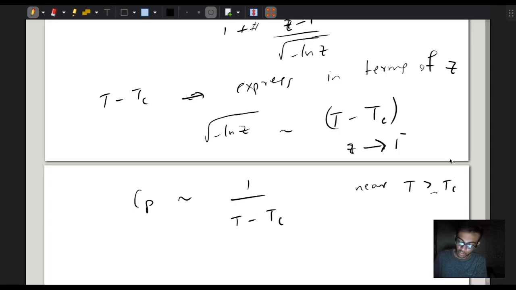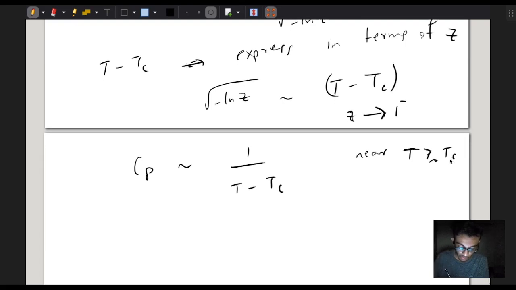Yeah, so for T greater than Tc, this is how the heat capacity Cp looks. So this is how it diverges. So naturally, gamma also diverges like this because Cv is a constant. Cv is a finite quantity at the critical point.